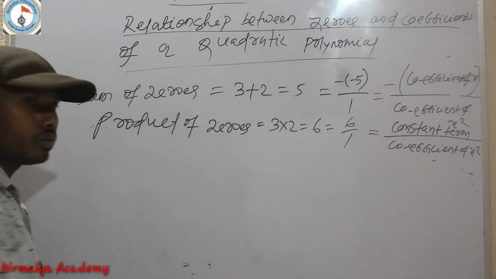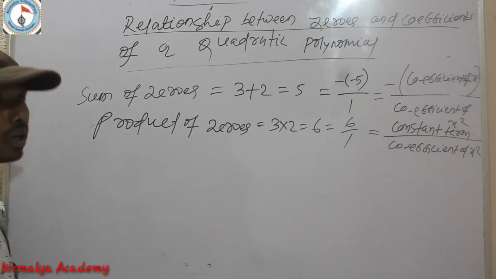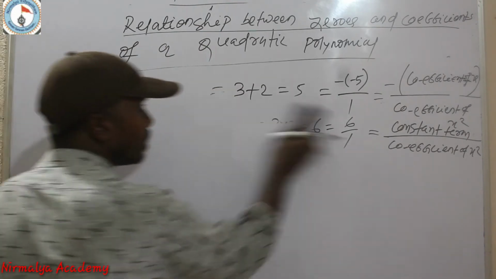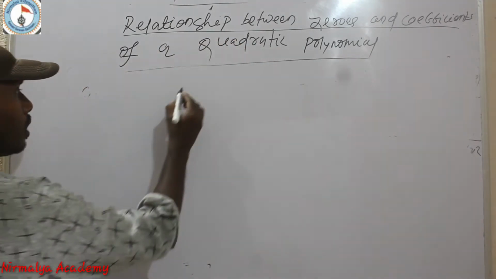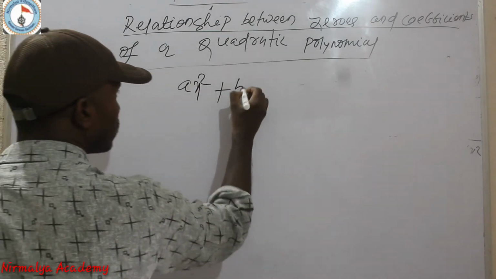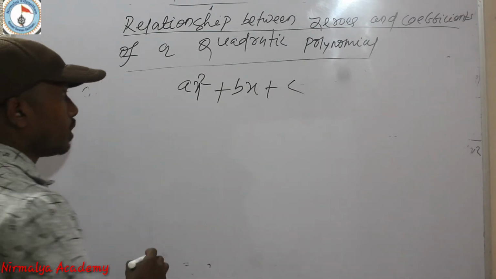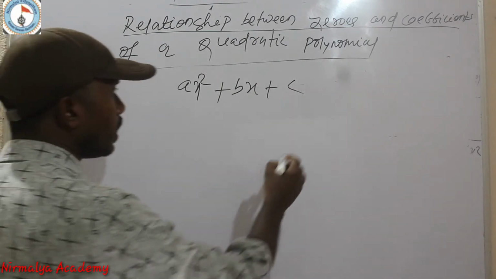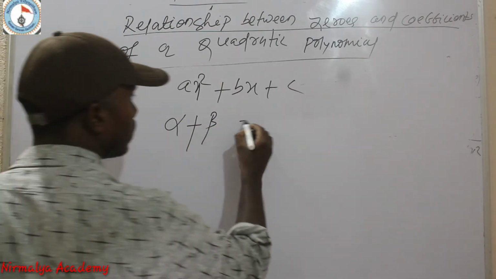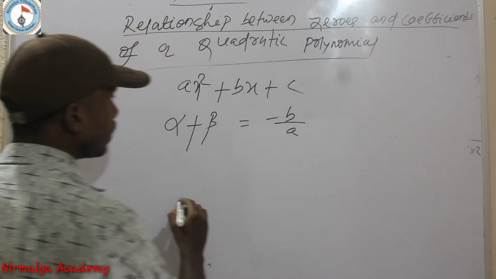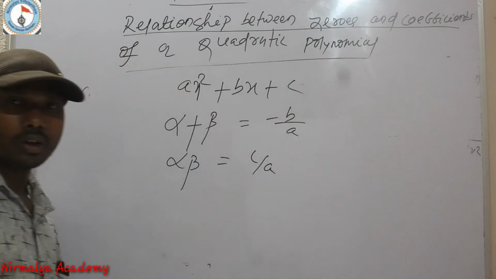So we came to know the relationship between zeros and coefficients of a quadratic polynomial. The basic point is that for a quadratic polynomial ax square plus bx plus c, if its zeros are alpha and beta, then the sum of zeros alpha plus beta is always minus b by a, and the product of zeros alpha into beta is always c by a.